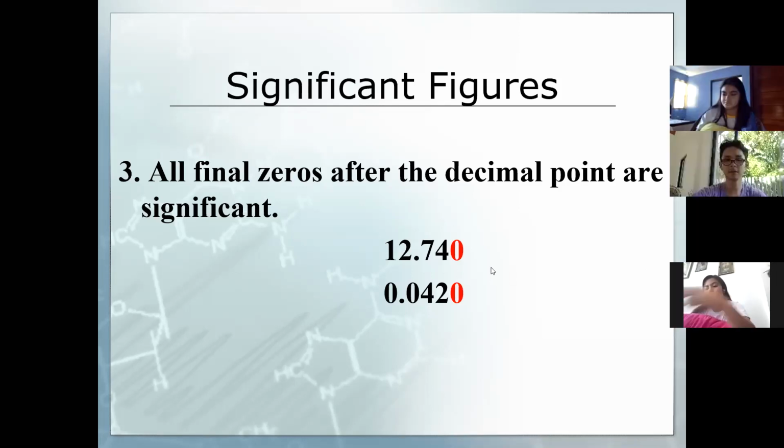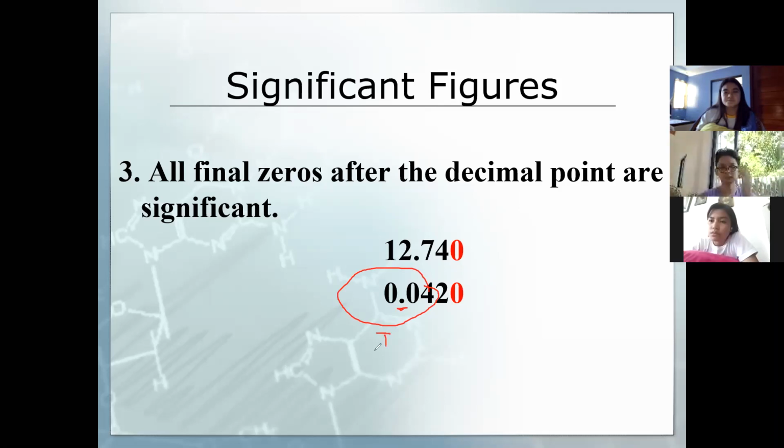Okay, so zeros that precede a decimal point, in this example, this is a zero that precedes that said decimal point, and this zero simply determines the position of the decimal point. Thus, this is not significant.